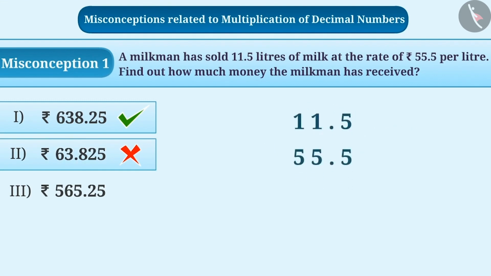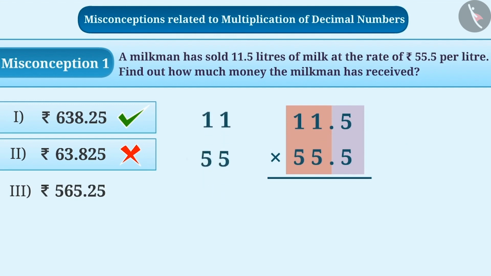Some students think that in order to find multiplication of decimal numbers, the whole number part and part of the whole are multiplied separately. In order to solve 11.5 multiplied by 55.5, 11 and 55 are multiplied separately and 0.5 and 0.5 are multiplied separately.